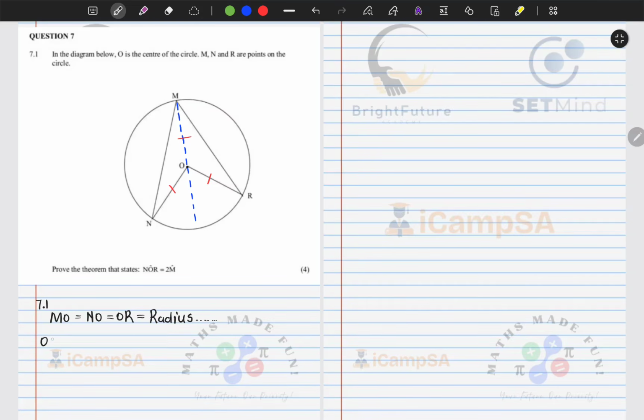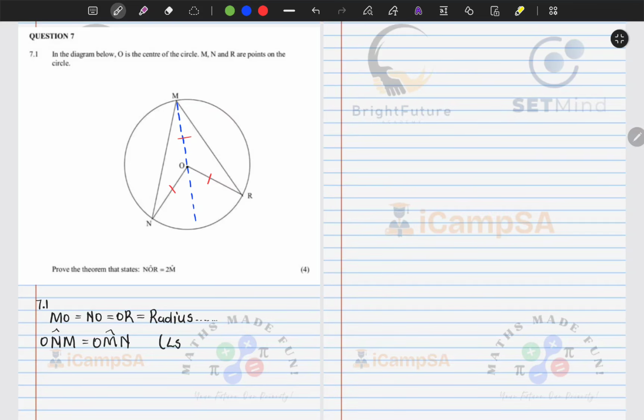So if you look at O angle N, O angle NM, that will be the same as O angle MN. Okay? And if you observe carefully, these are base angles of an isosceles triangle. Okay? What makes that triangle to be an isosceles? Well, angles opposite equal sides.